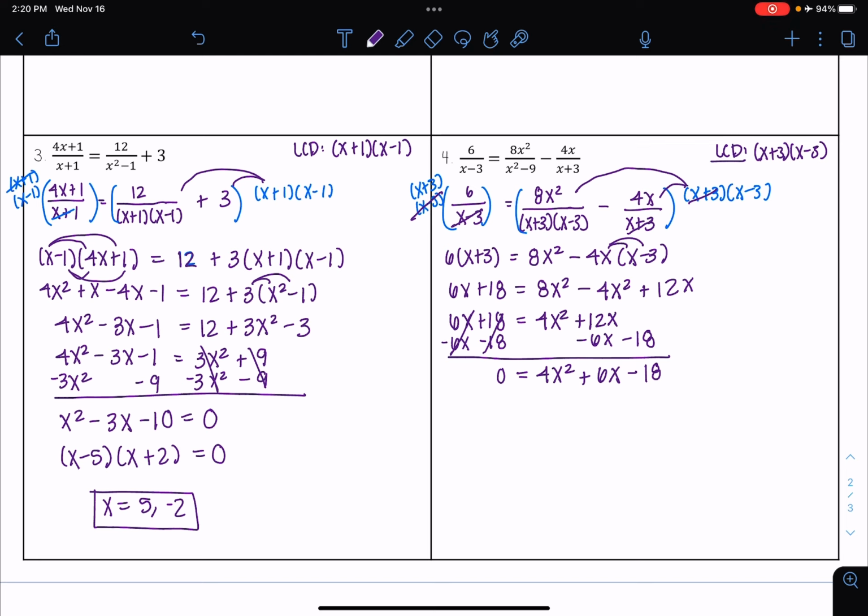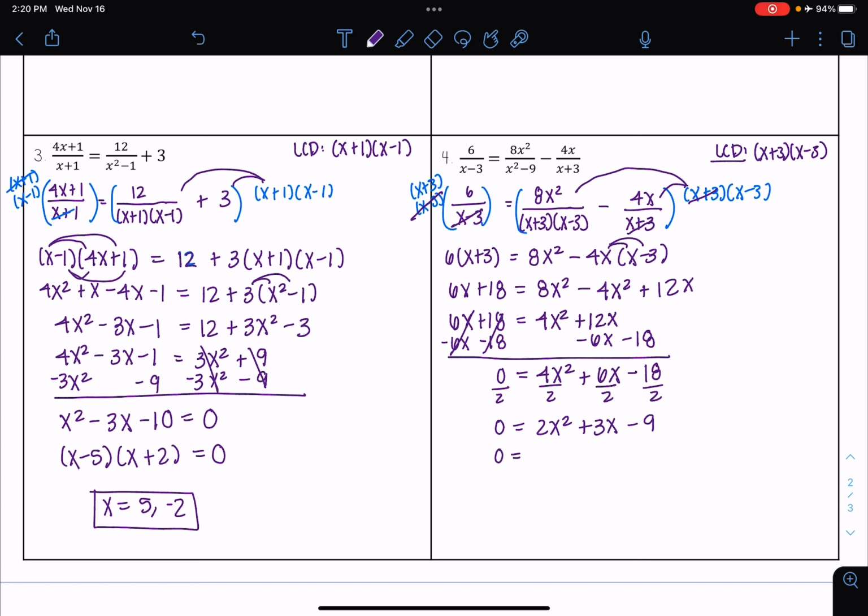I first look for a GCF, and I see that a 2 can go into everything, so I'm going to divide 2 from each term, to get 0 is equal to 2x squared plus 3x minus 9. And then I need to factor that. I'm not going to go into the whole AC process. If you want to review that, you can review that in that factoring lesson.